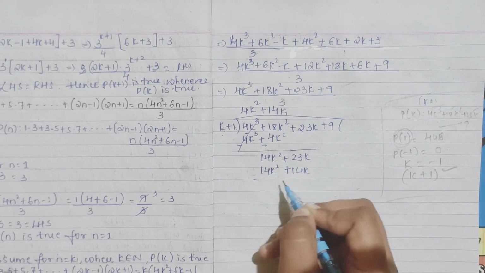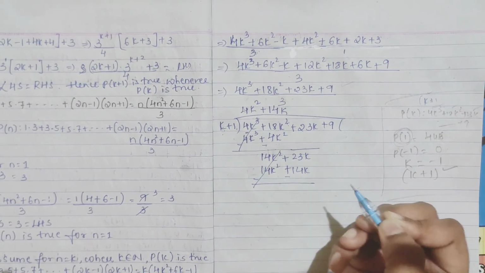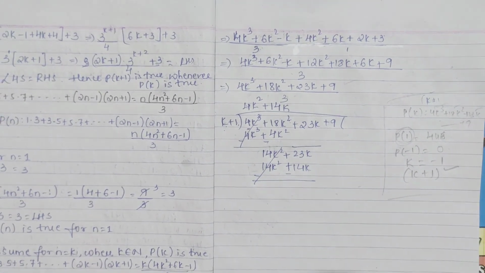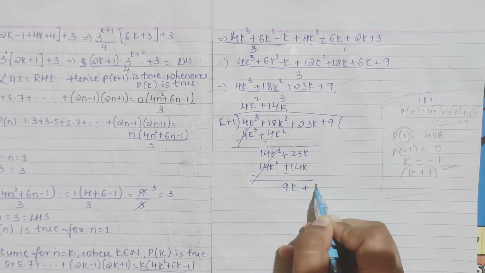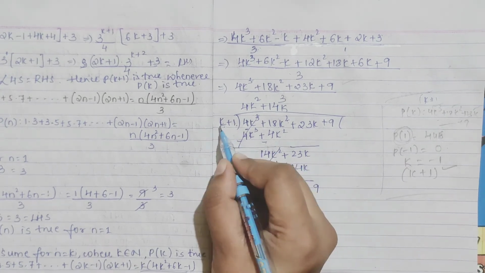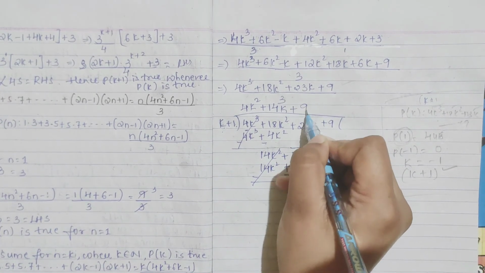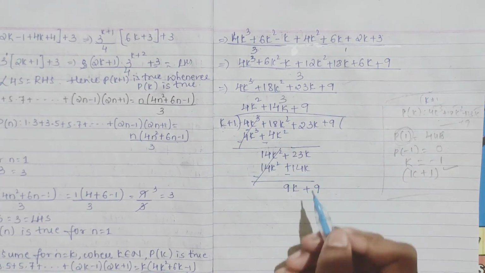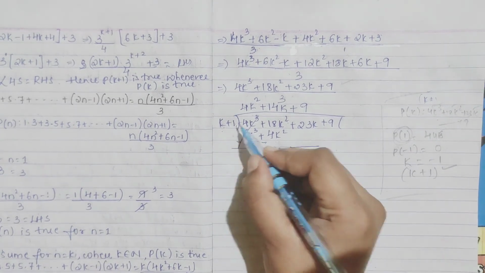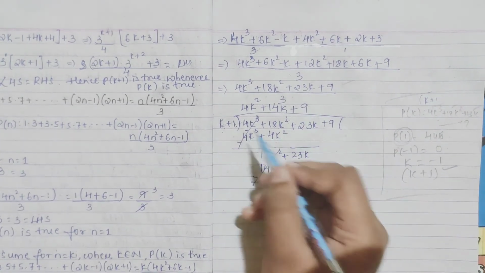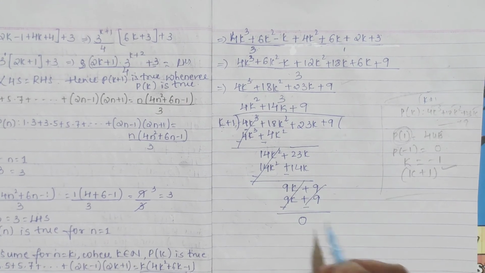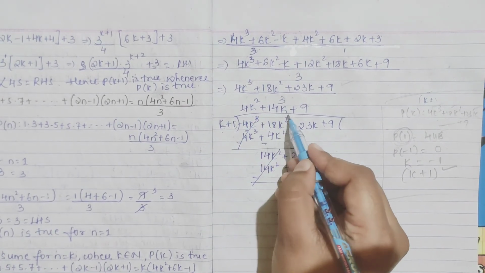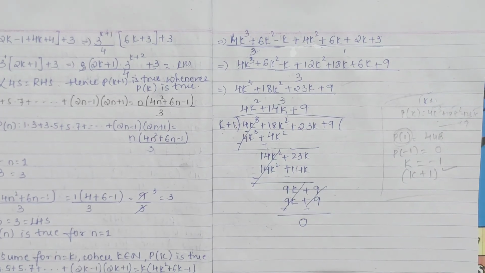Now again changing the sign, 23k minus 14k, you will get 9k. Again take down your 9. Now here you have 9k, so you have to multiply by just 9. 9 into k becomes 9k plus 9 into 1 is 9. Again changing the sign, this cancels. So the quotient is 4k square plus 14k plus 9.